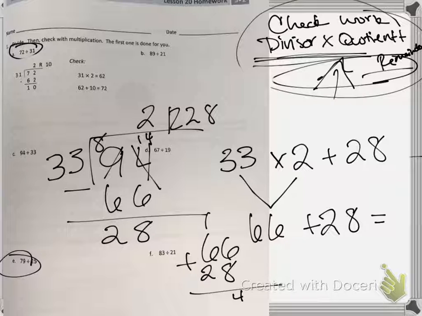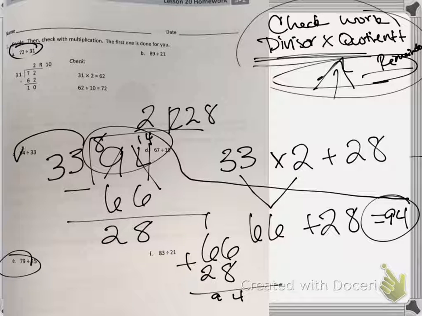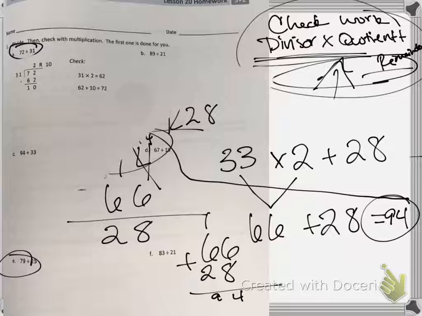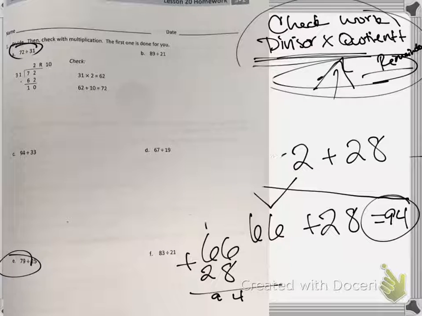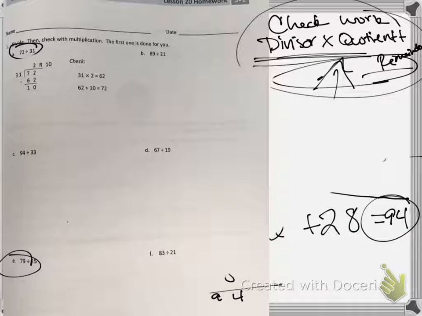Carry the 1. 7 plus 2 is 9. We get 94. All right, so is 94 our original dividend? It is. So we're going to go ahead and say that that is correct. So our answer was 2 remainder 28.